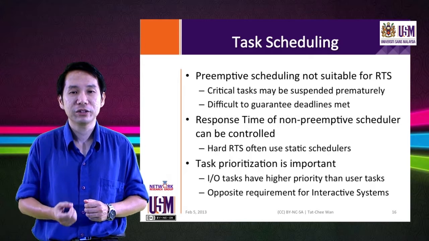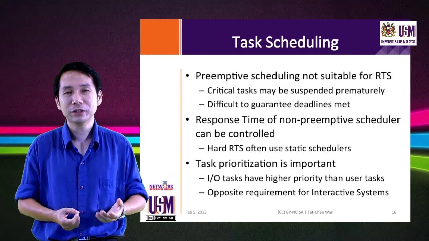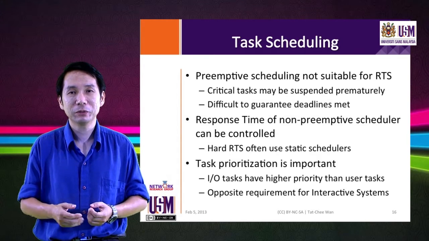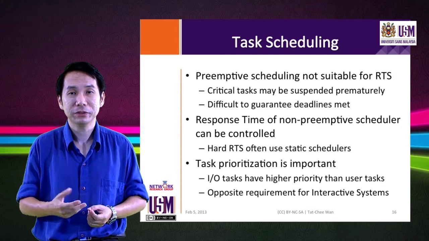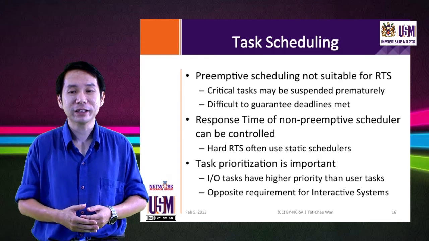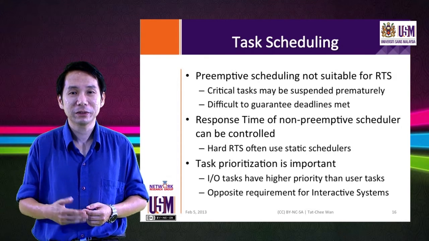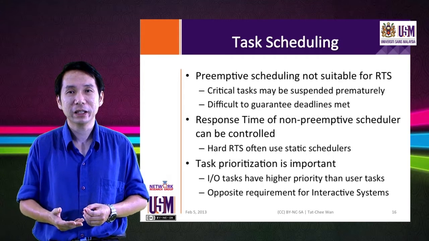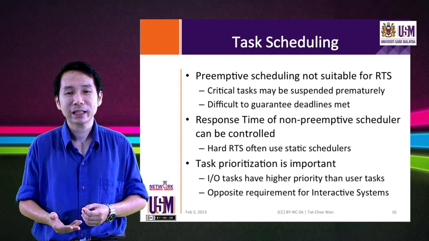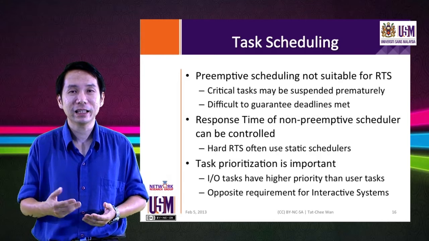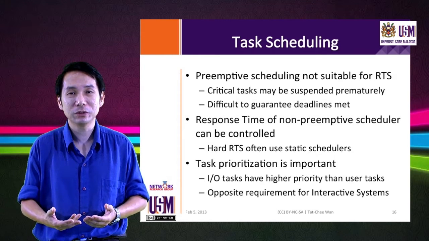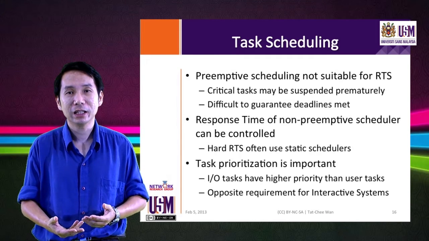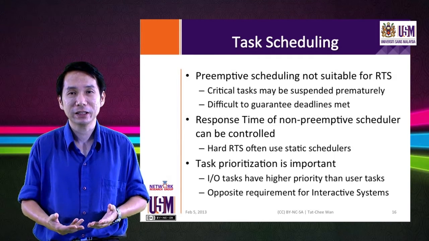Next, we look at task scheduling. One of the issues with real-time systems is that we want to have a consistent and deterministic response time to events. So preemptive scheduling is actually not very suitable for real-time systems because a critical task may be suspended prematurely by the scheduler. And secondly, it is difficult to guarantee a certain deadline will be met because the task may be suspended and will not be resumed on the processor until after the deadline has expired.